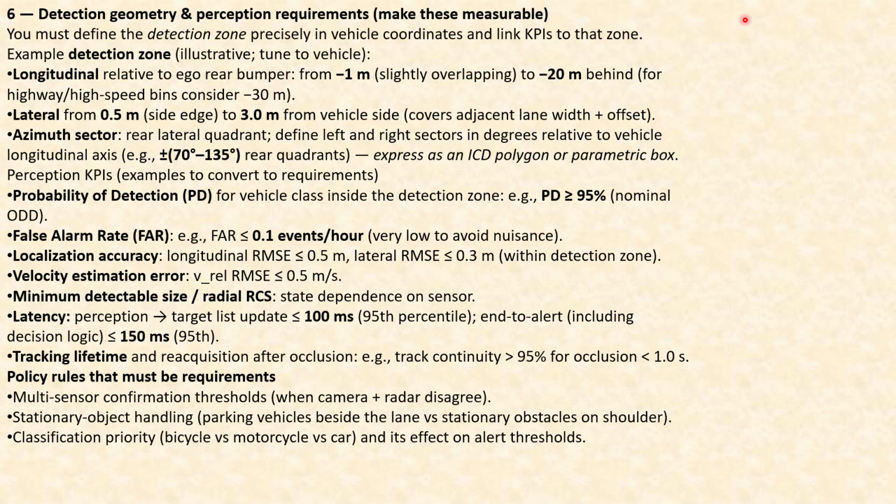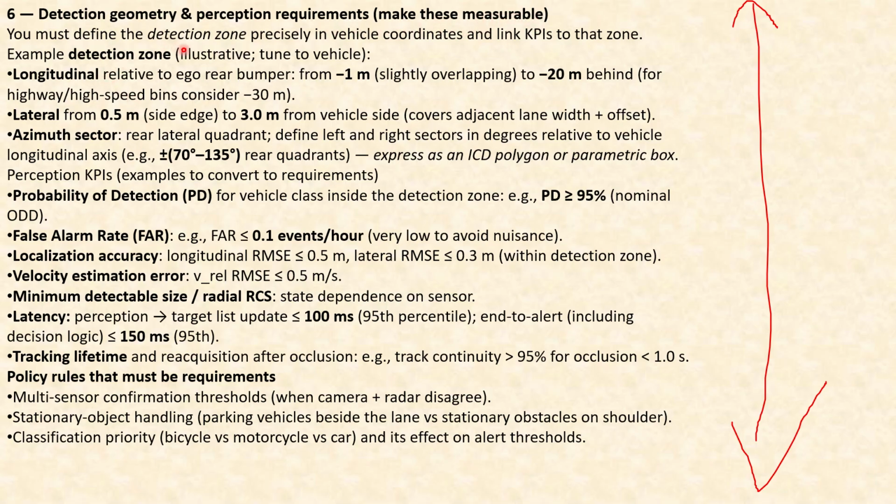All right. Now from here, the actual mathematical aspect of blind spot detection starts. First you have to define the geometry and perception requirements and make them measurable. This is important. You have to make those parameters tangible.